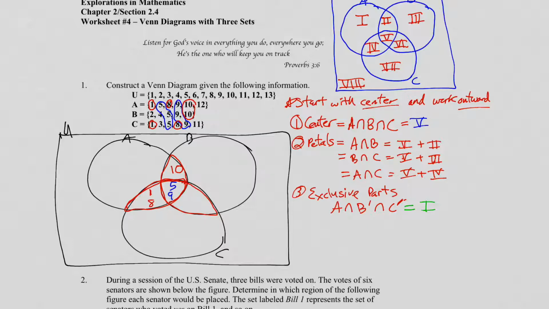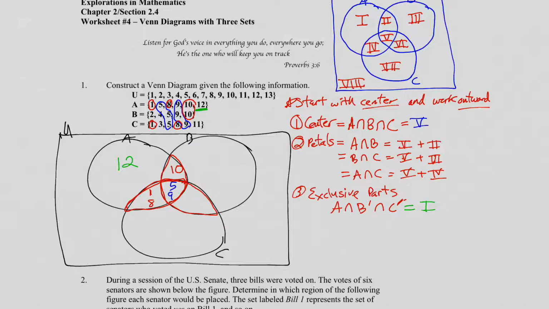Region 1 is only in A, so if you look at the list for A, this makes it nice and easy, because the only number not highlighted was this one right there. So that is exclusive to A, and that goes nice and neat right there.